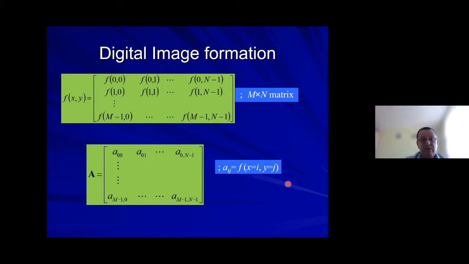So finally, when we talk about the formation of a digital image, we talk about a matrix, where each cell, which represents some continuous signal about a specific picture element, is replaced with its digital representation with a discrete value.